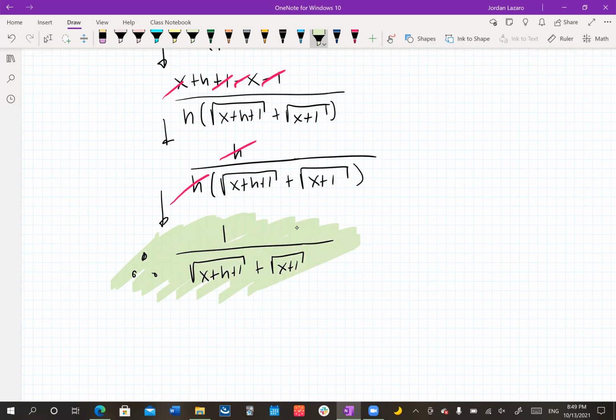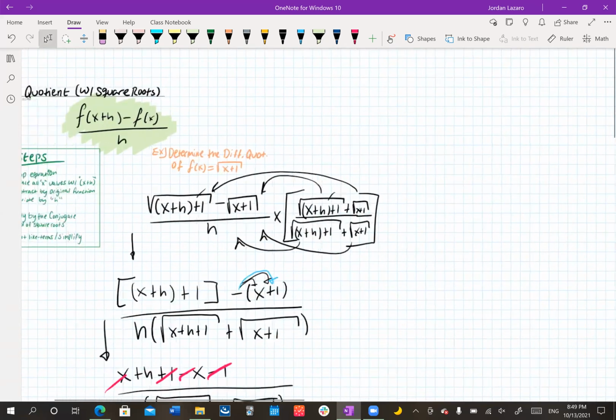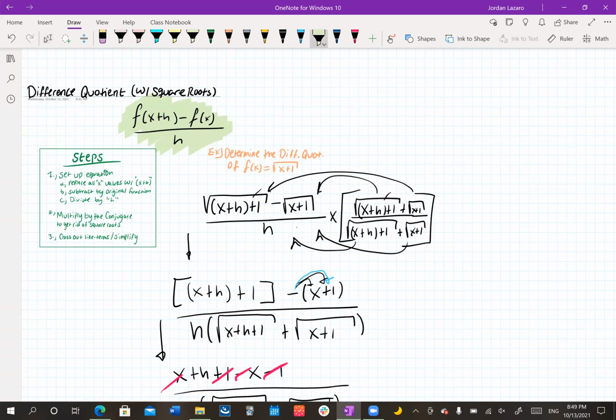All right. So quick review. The first step is to set up the equation just like we did, right? Replace all x values with x plus h. So this part that we had here, that I highlighted, constitutes the f of x plus h.